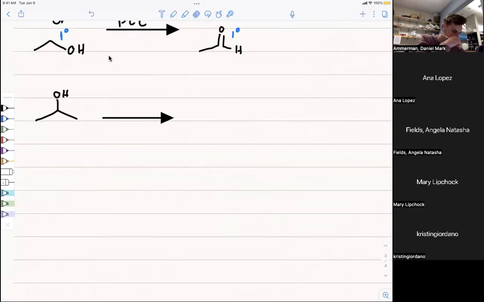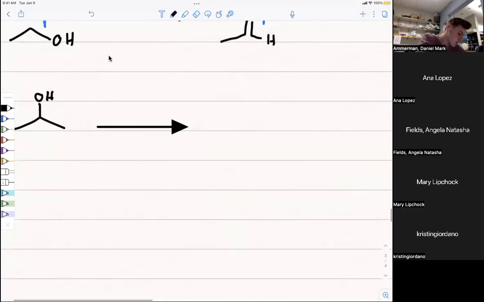Or sorry, Jones isn't, our K-4 is our one-stop shop, but K-4 can do the same thing. So you could use Jones, which is CrO3, and then you could also use K-4 for this. It's going to do the same thing and make a ketone.